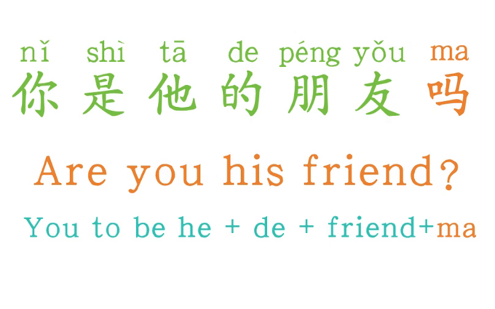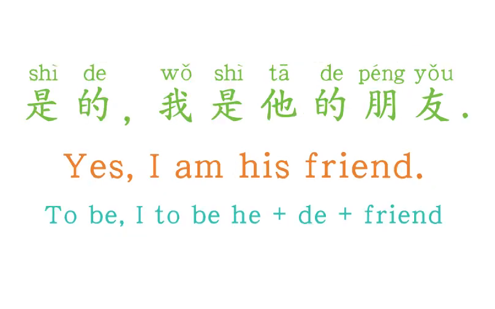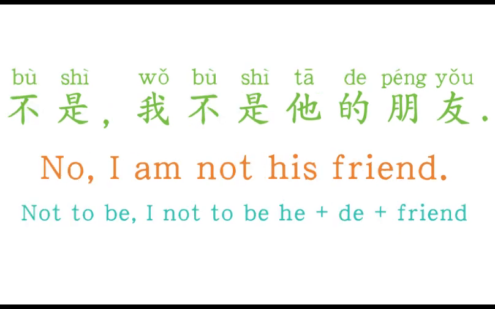And if you want to give a positive response, yes, I am his friend, the answer is 是的，我是他的朋友. One more time. 是的，我是他的朋友. And if you want to answer, no, I'm not his friend, we say 不是，我不是他的朋友. It's simple, right?